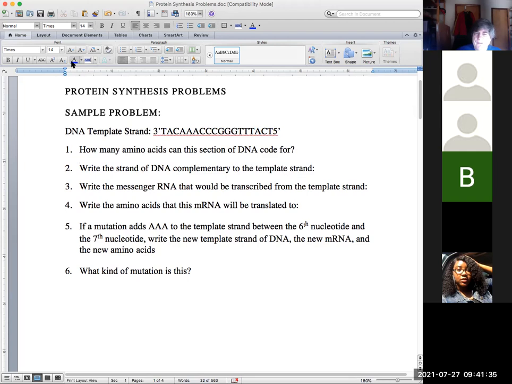So let's think about how we're going to figure out our answer. And our answer is going to be the number of nucleotides divided by 3. Because remember, it takes 3 nucleotides to make one codon, which is the instructions for one amino acid.